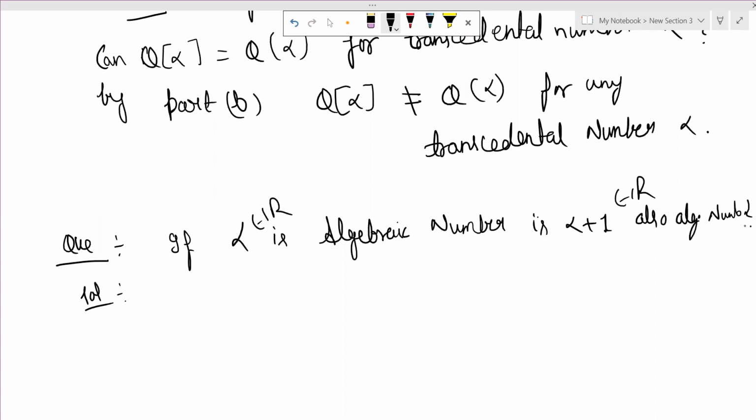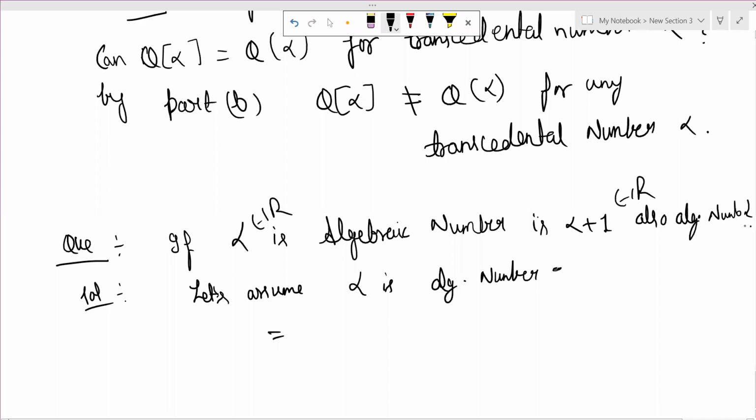So, let's assume alpha is an algebraic number. This implies there exists f(x) belonging to Q[x] such that f(alpha) equals 0.